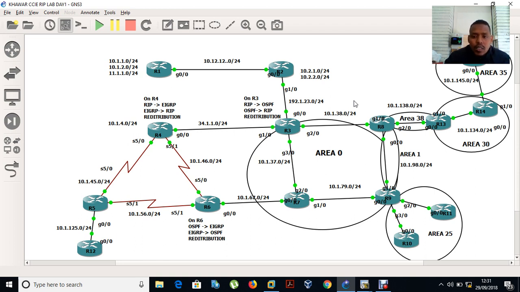So this is what we call that is why the route redistribution is kind of difficult to manage unless you have the right knowledge, so you can prevent any loop that can happen in a network.